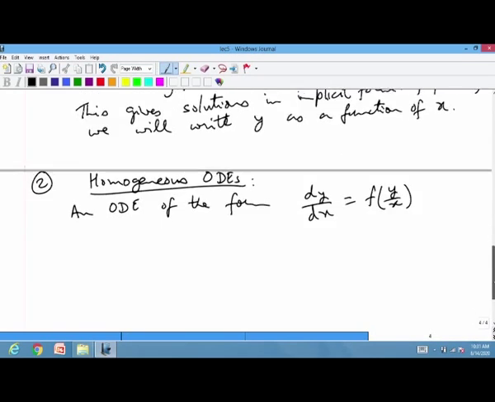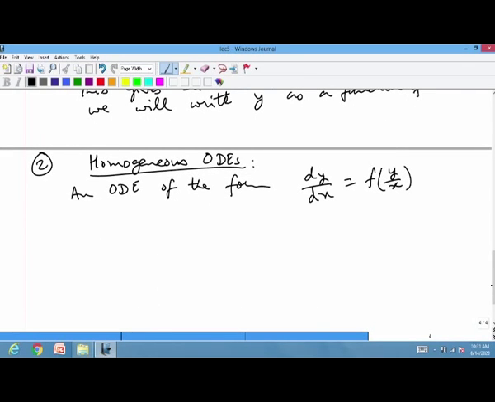So, if I can write the equation in this form, where the derivative dy dx is some function of y by x, then in such cases we can solve this by substituting y by x equal to a new variable u, that is y is equal to u x.